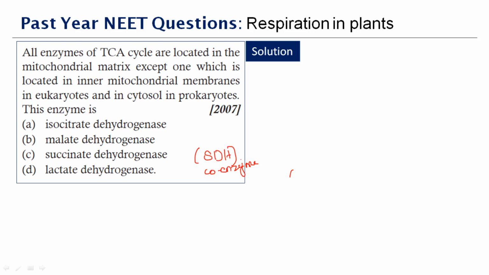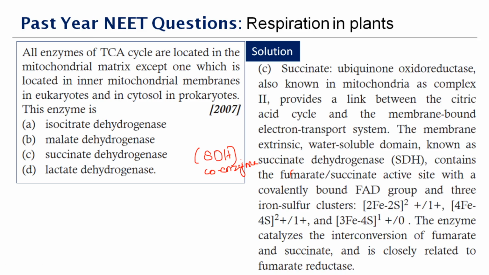And this is actually a respiratory complex too, and it is an enzyme complex that is found in many bacterial cells and in the inner mitochondrial membrane of eukaryotes. It is also the only enzyme that participates both in the citric acid cycle and in the electron transport chain. The rest of the enzymes are located in the mitochondrial matrix itself.